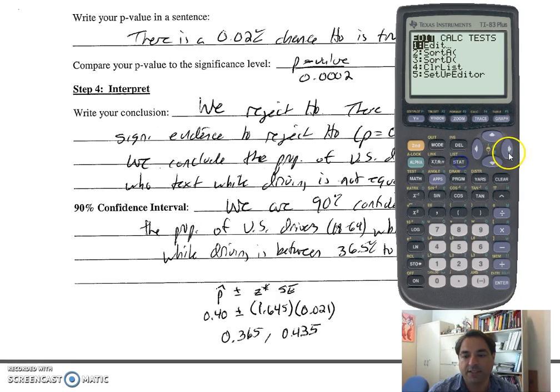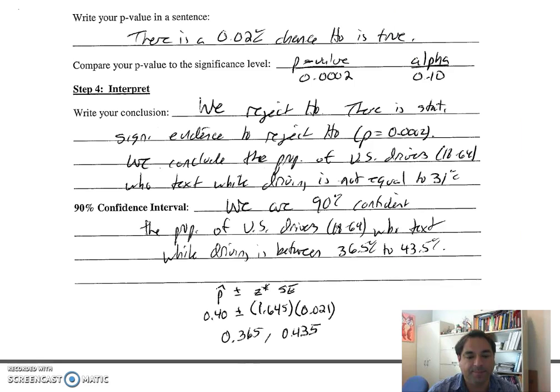Remember, we go to stat, test, all the way down to A. 200 out of 500. Make sure you change your confidence interval to 90. Be careful with that. And we calculate to get 0.36, 0.43, very close.